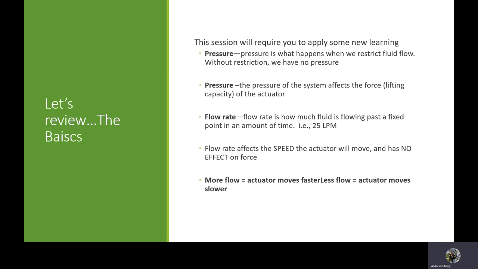It doesn't affect the force, which is very useful, and why hydraulic systems for the longest time were used for speed control rather than electrics, because it was so much easier to do. More flow, the actuator moves faster. Less flow, the actuator moves slower.